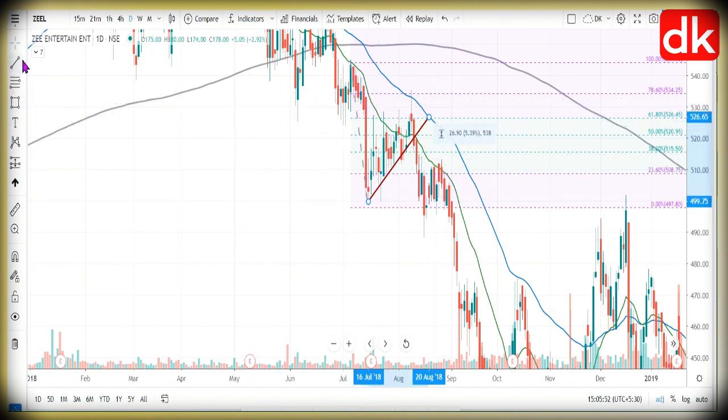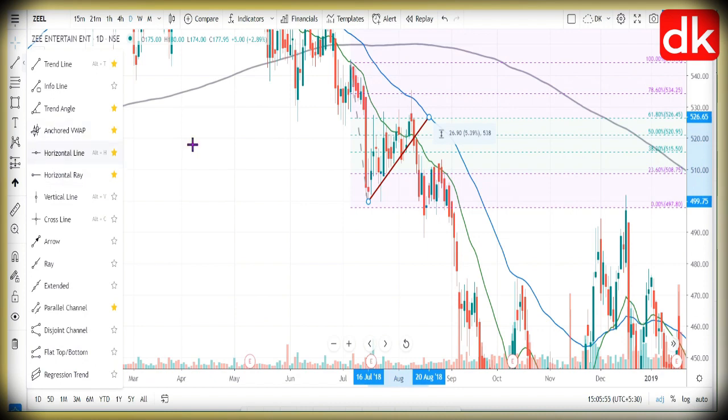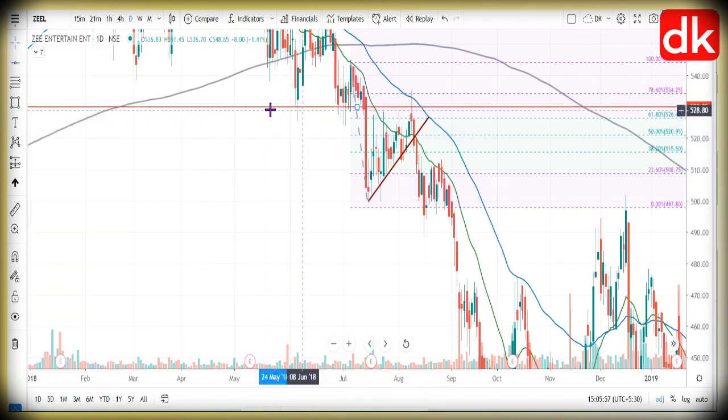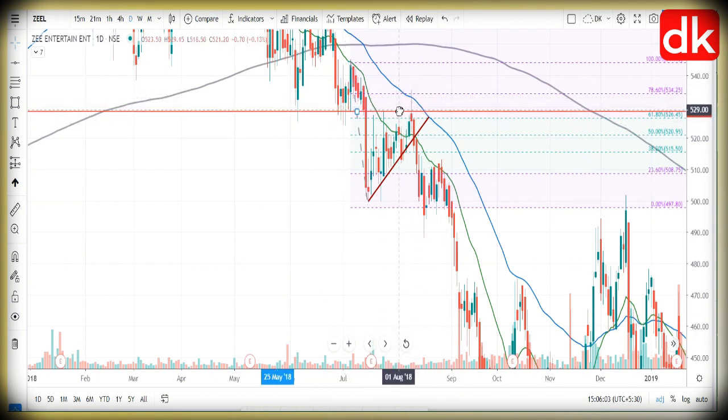I can show you some more. There are a number of supports where the price was finding rejection here. So multiple supports became multiple rejection points, and it is a confluencing area where the support and resistances are drawn with the help of price action. A horizontal line is also showing rejection.